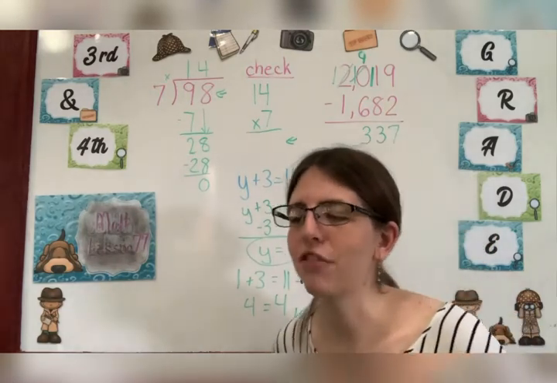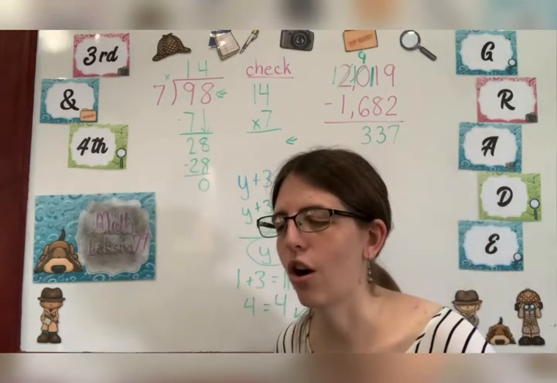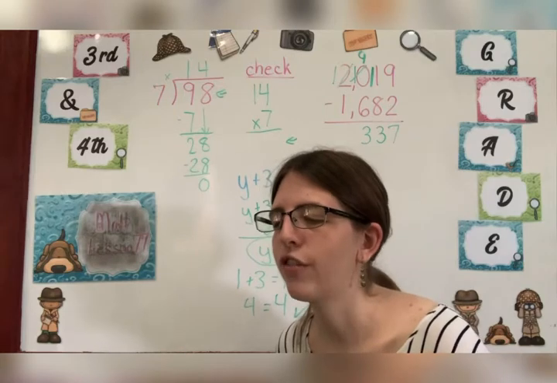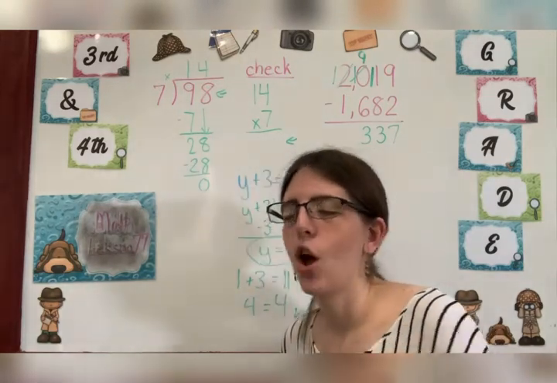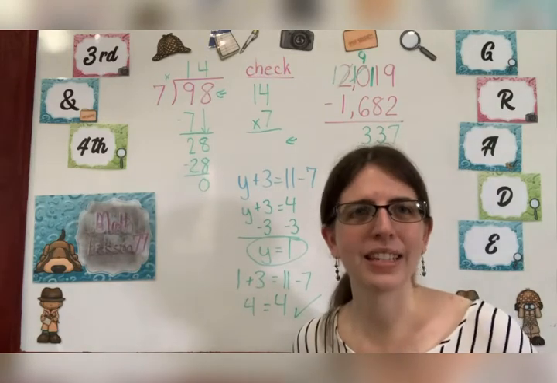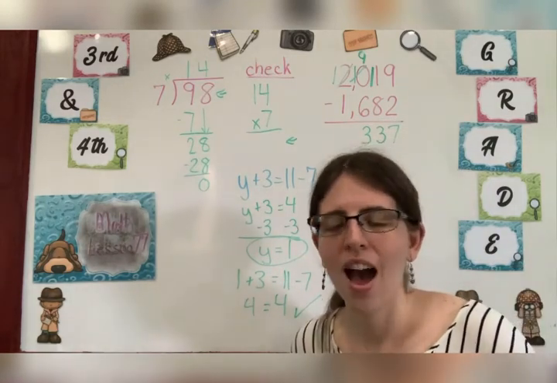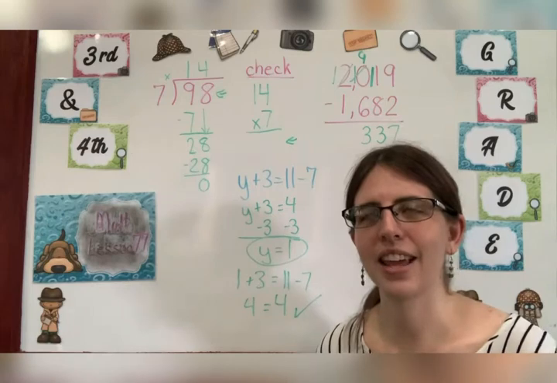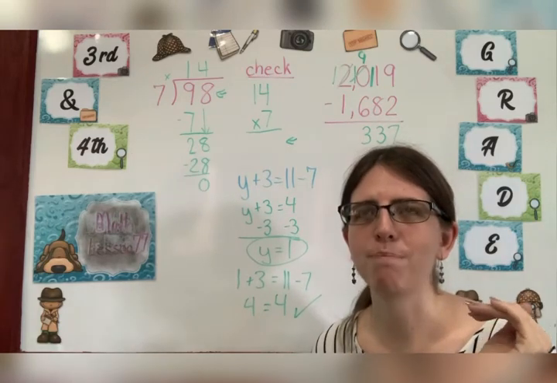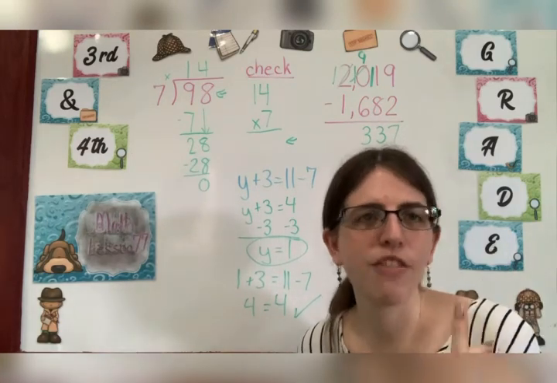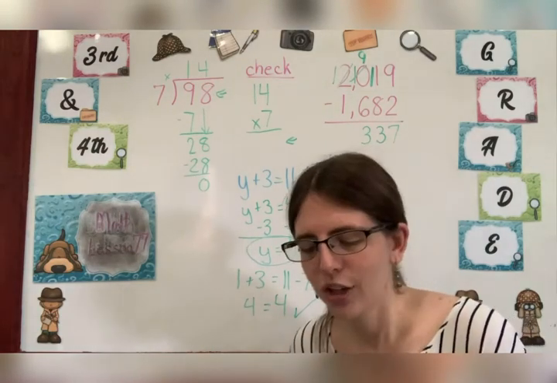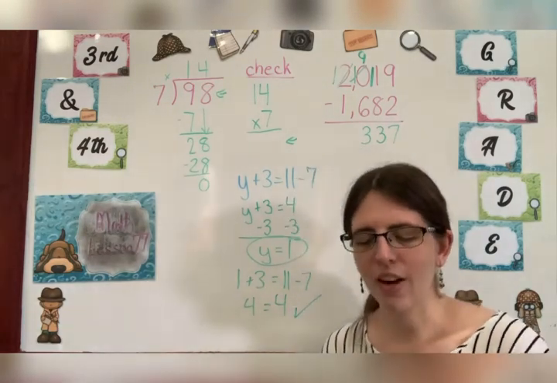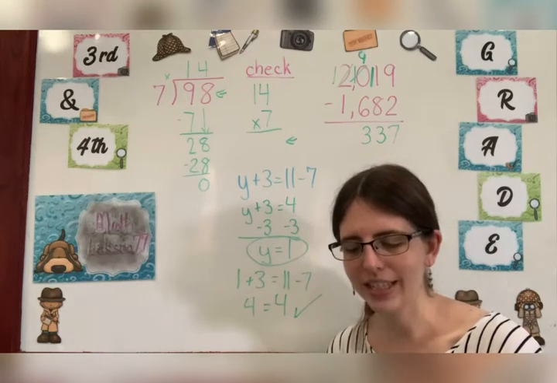All right, number 5 says, use stars to draw an array for each fact. Write the product. Remember, an array is basically a picture of the multiplication fact. So, for the first one, letter A, it says 7 times 6.